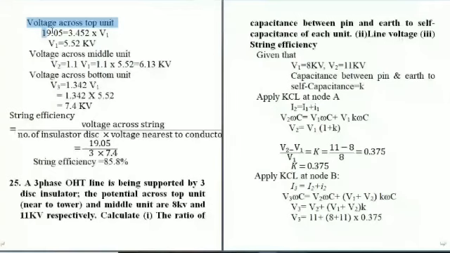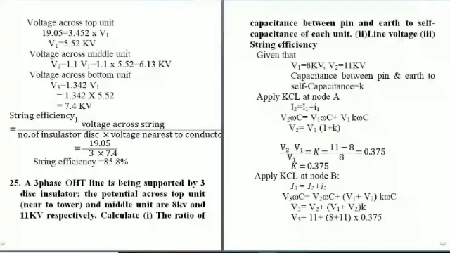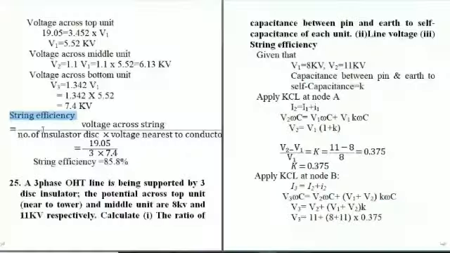Similarly, the string efficiency can also be calculated by using this formula. The string efficiency is equal to the voltage across the string divided by the number of insulator disks into the voltage across the disk nearest to the conductor. That is the formula.